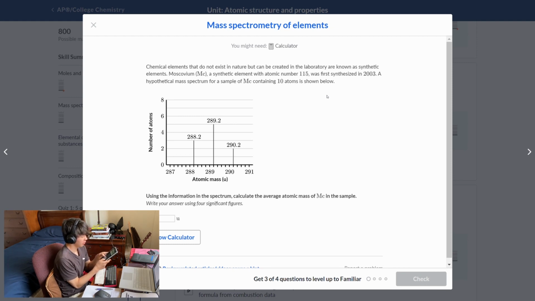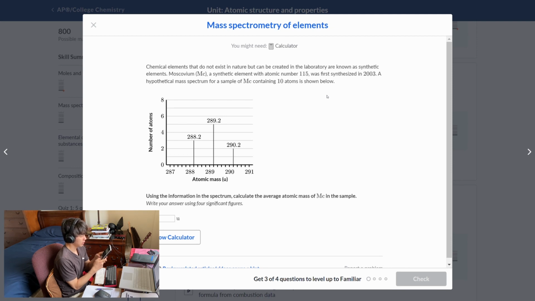So we have 3 288.2s plus 289.2, five of those, plus 290.2, and we have 2 290.2s.